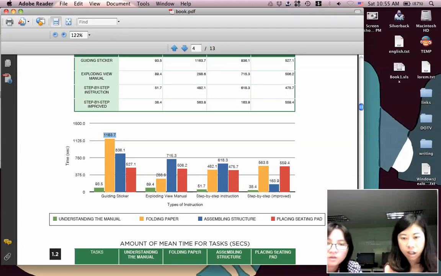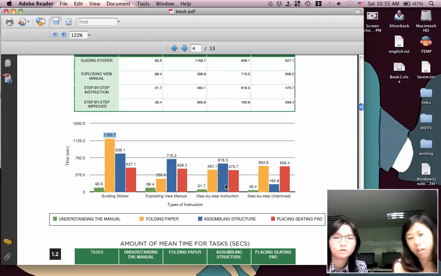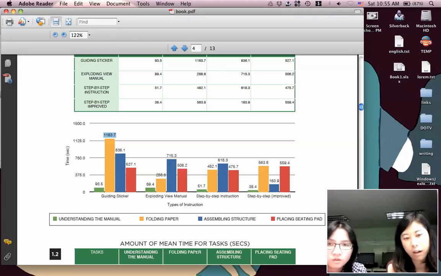For the step-by-step instruction, when we tested users on method 3, we found that people still didn't know which piece is which, so they took time recognizing the pieces. So we developed from that one first, and we found that assembling the structure improved very significantly. Here you can see that it takes less time.